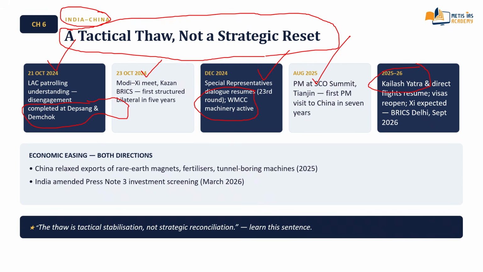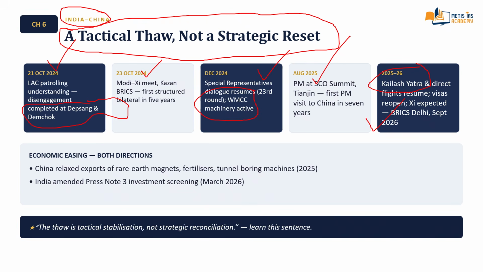China eased exports of rare earth magnets, fertilizers, and tunnel boring machines, inputs critical to Indian manufacturing. And in 2026, India relaxed parts of Press Note 3, its 2020 investment screening rule.